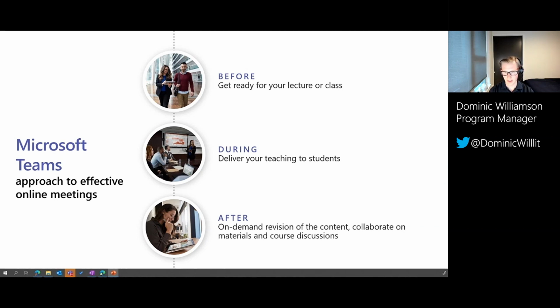Then during the online synchronous session, delivering your teaching to students. And then after, having students have access to on-demand material, being able to continue to collaborate in that virtual class space, and continuing to have conversations in the context of the course. This is really the model I would encourage you to think about for any synchronous session: the work to prepare before it, delivering during, and then what happens afterwards.